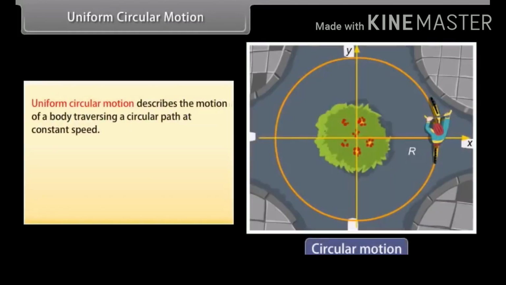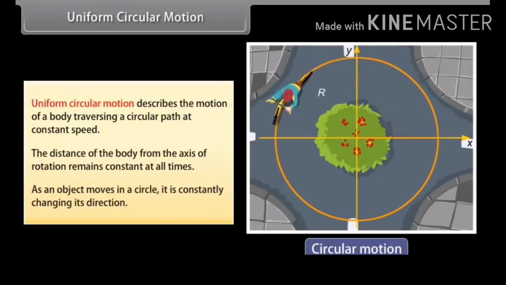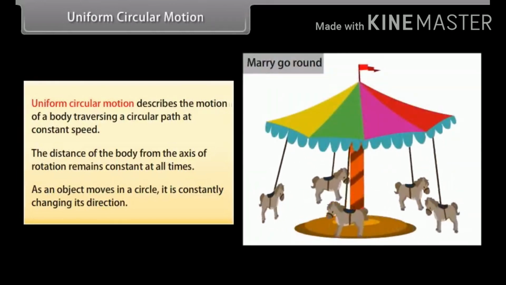Uniform circular motion. Uniform circular motion describes the motion of a body traversing a circular path at constant speed. The distance of the body from the axis of rotation remains constant at all times. As an object moves in a circle, it is constantly changing its direction.